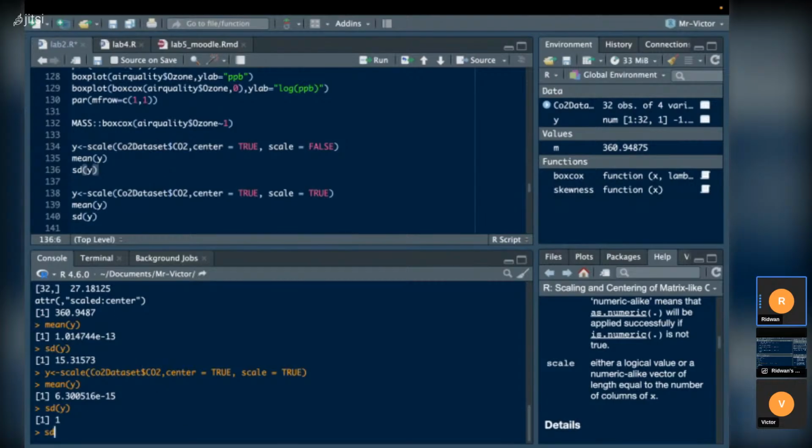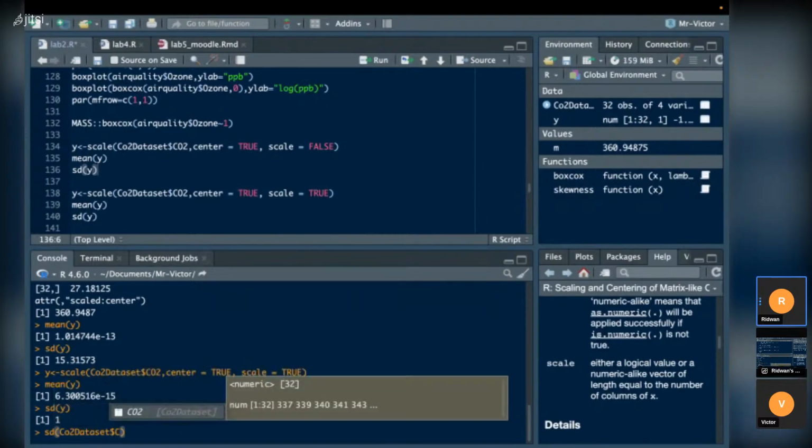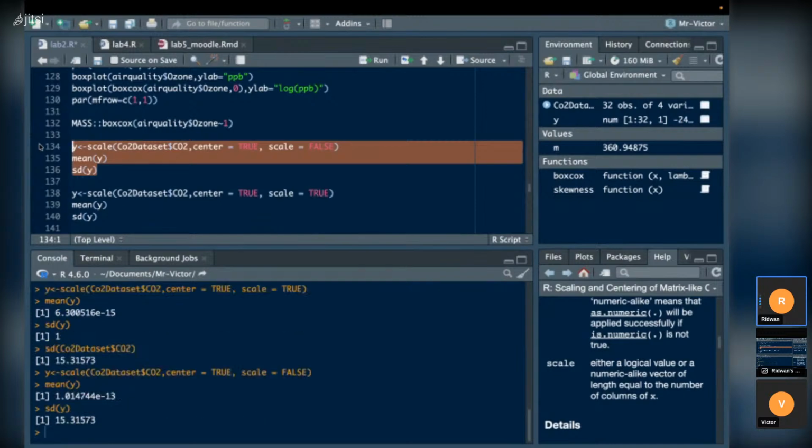So this is the original standard deviation. If I say CO2 dataset, CO2, can you see that this is the original standard deviation? And when we run this one, we get 15. So this first one only affects the mean. It doesn't affect the standard deviation.